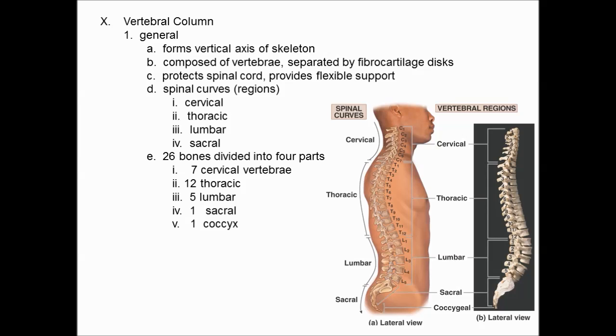Okay, so let me go ahead and get started then. We quit right as we were starting the vertebral column, so let me begin from there. Of course, that forms the vertebral axis, holds us upright in posture, and it's composed of block-like bones, which we call vertebrae. They're actually in the family of irregular bones because they're so complex in shape, but they're kind of block-like bones.